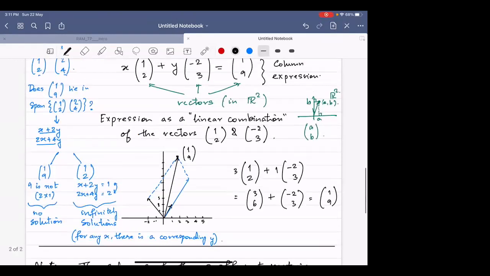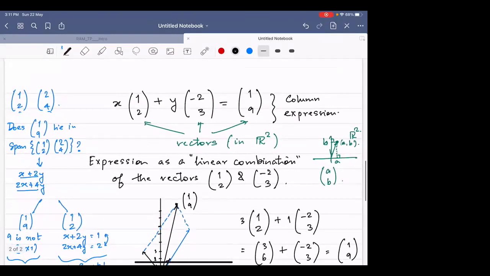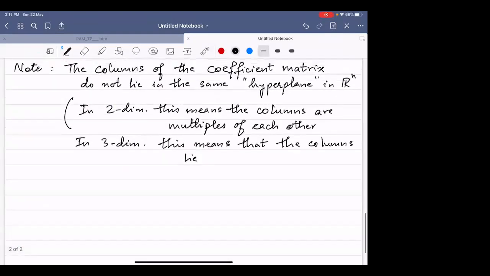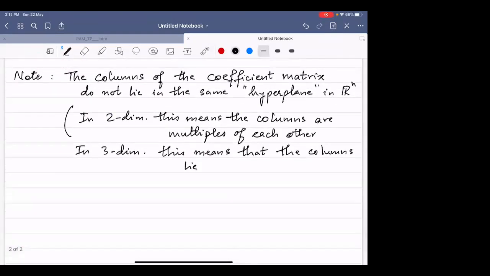Another nicer way of saying it is these two columns are collinear here, and here it will mean that they are coplanar, that the columns lie in the same plane. So here they are collinear.